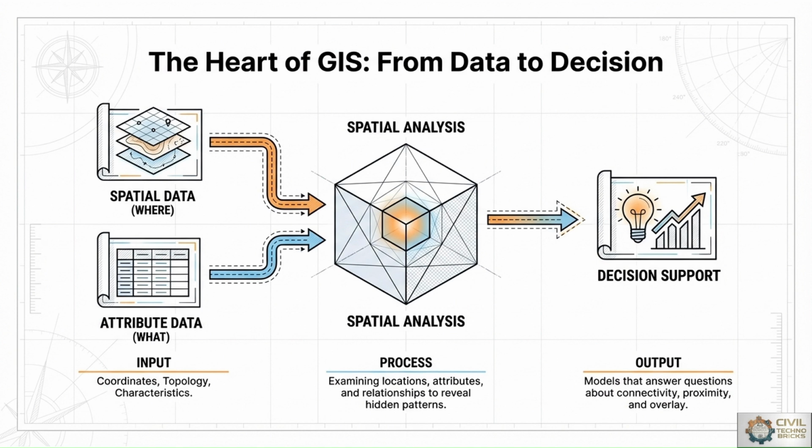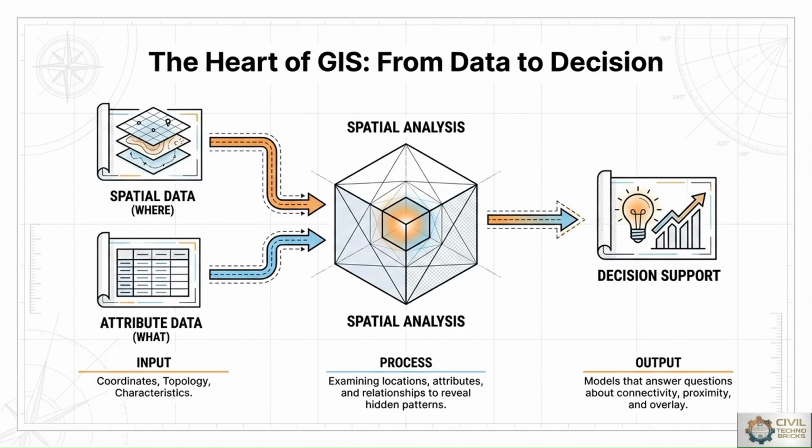Spatial data and attribute data are the inputs for the spatial analysis, where the actual process of examining the locations, the data, the various layers, the attributes enclosed in that layer, and the relationship between that attribute data and the spatial data, their patterns are studied and analyzed.